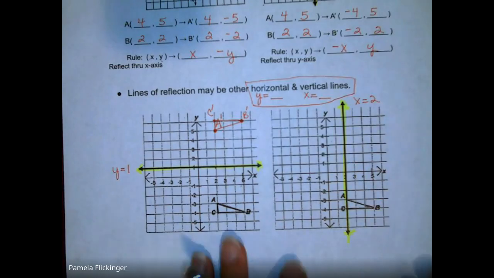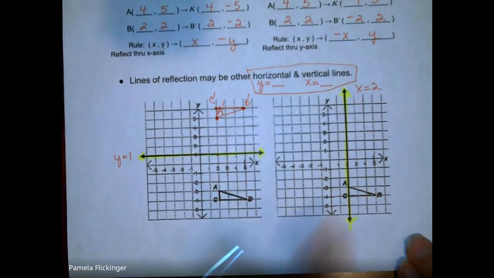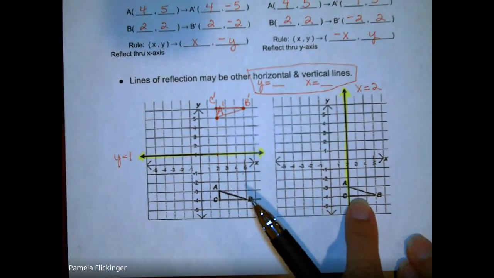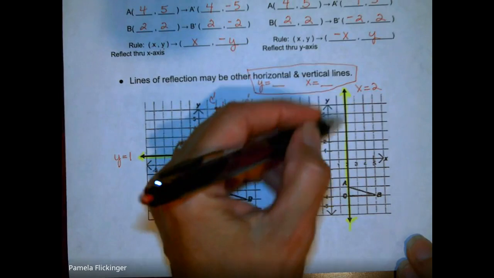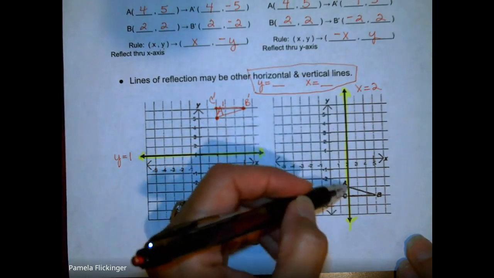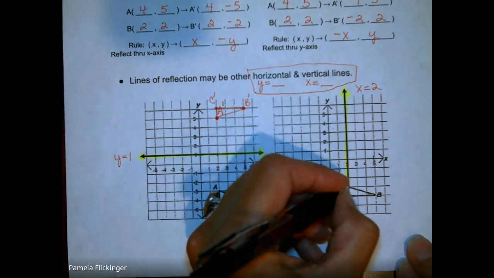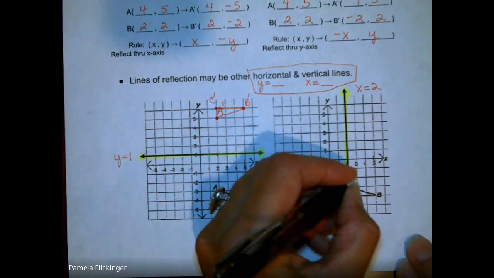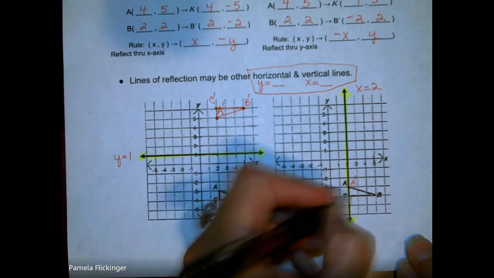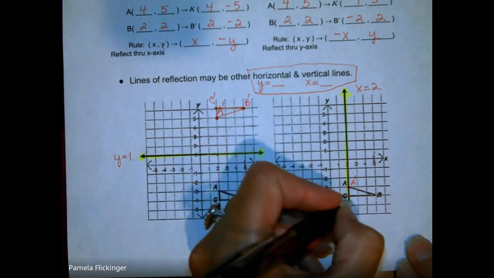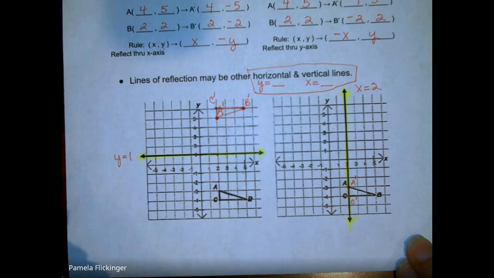Now notice in this picture, we didn't move the triangle ABC, but when we threw in this line of reflection, 2 of our points actually are right on the line of reflection. When that happens, the points don't move. So if this is A, this is also going to be A prime. Since this is C, this is also going to be C prime.